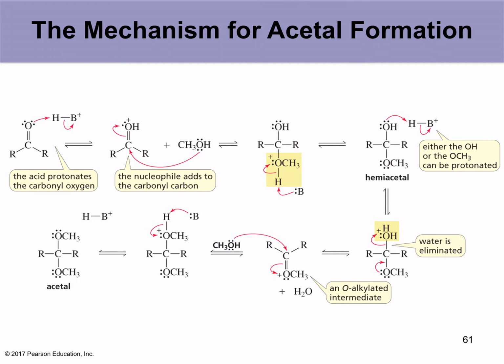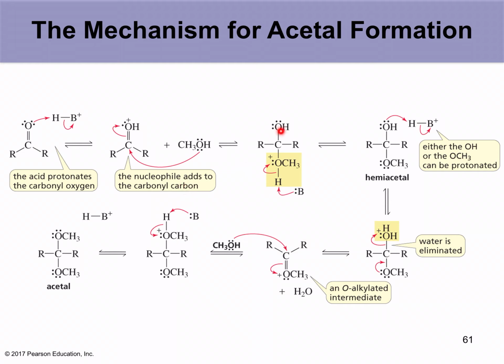Now this is the mechanism for the acetal formation. So this is your ketone, and first we are doing this reaction in acidic medium. It's going to get protonated, and then the methanol will come and attack the carbonyl carbon. Okay, the nucleophile adds to the carbonyl carbon. Then what happens?